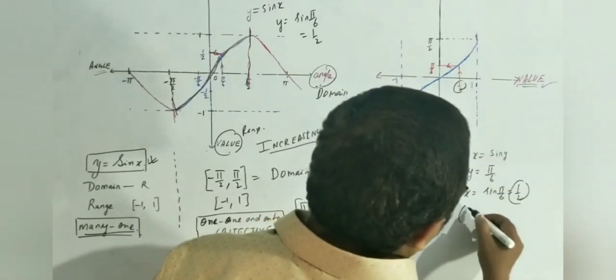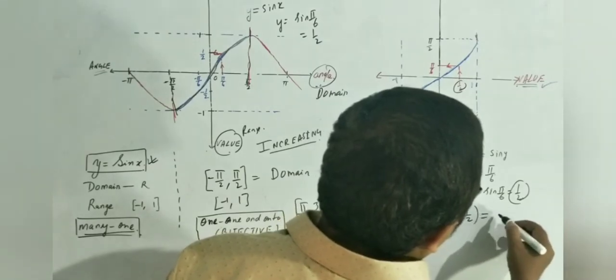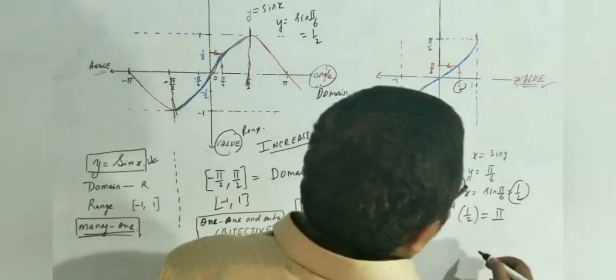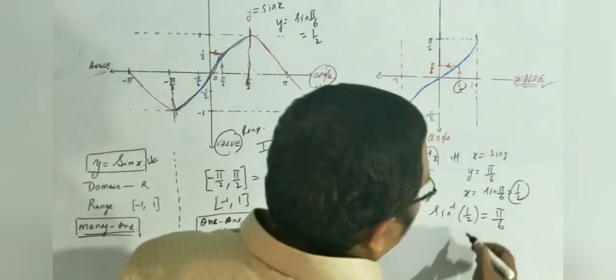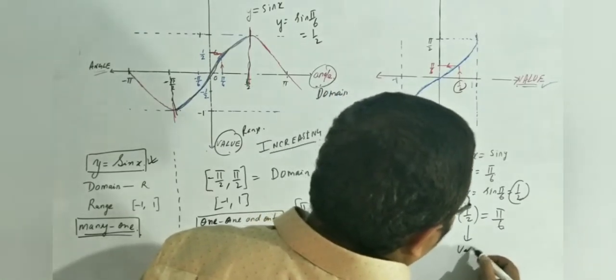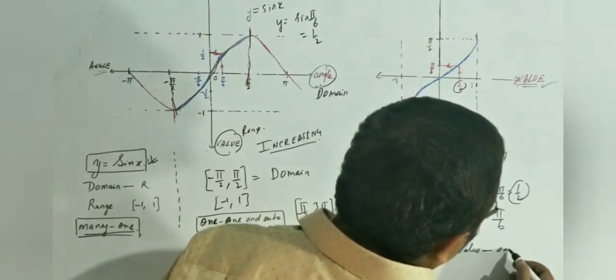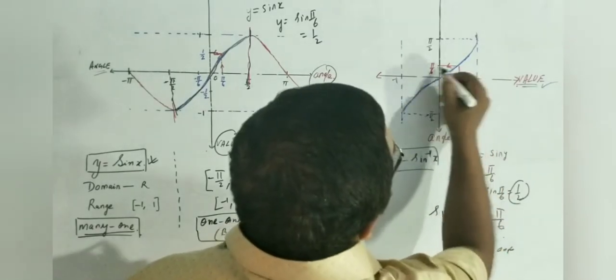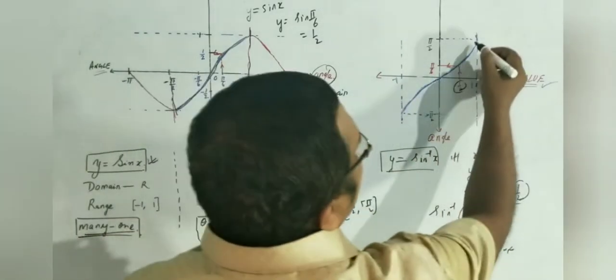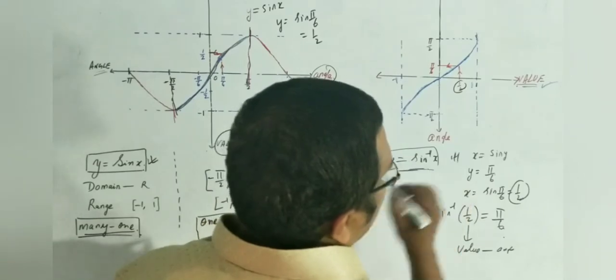Sine inverse 1 by 2 is equal to pi by 6. From value to angle. And this is the graph of y is equal to sine inverse function.